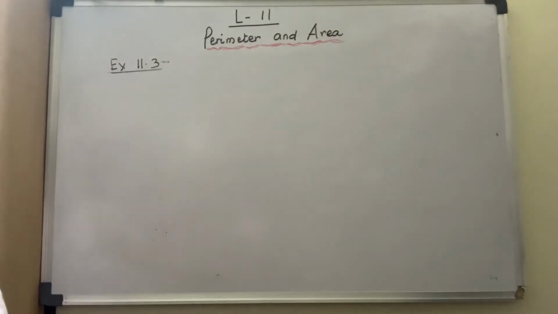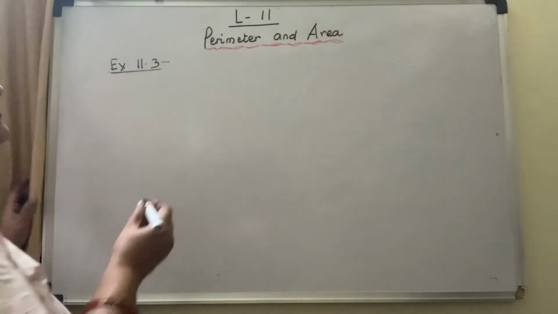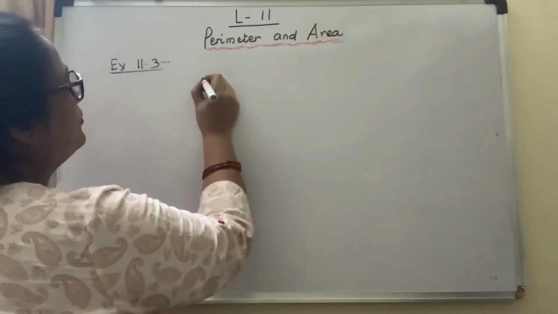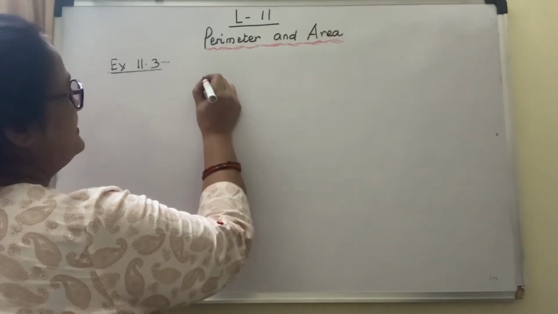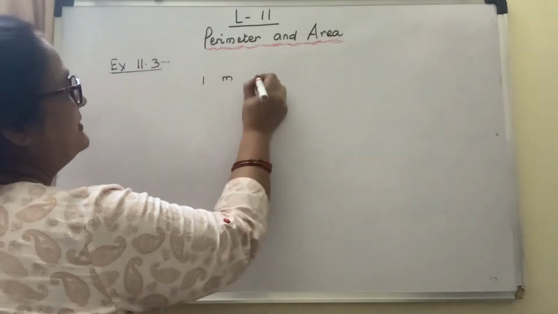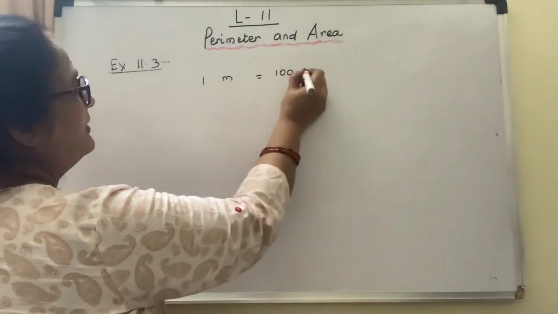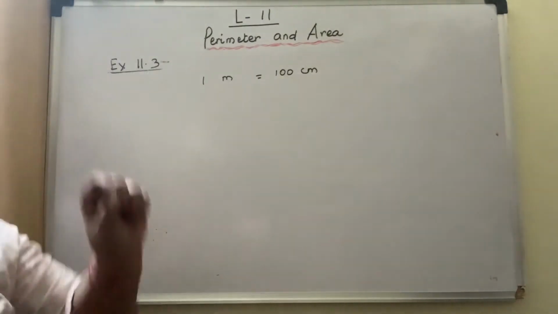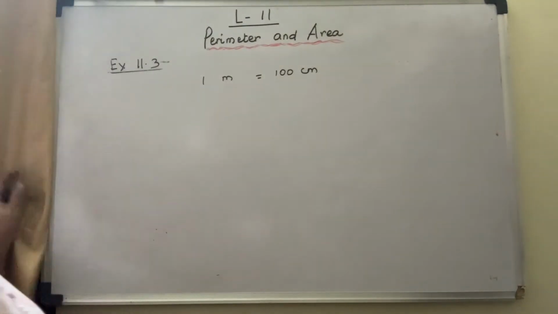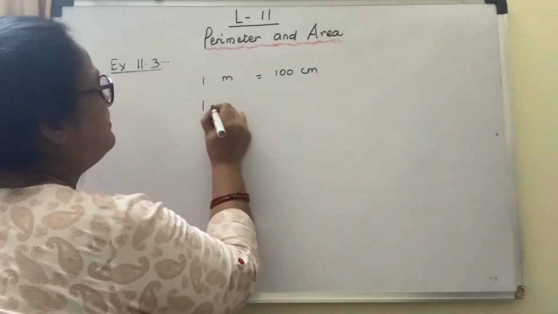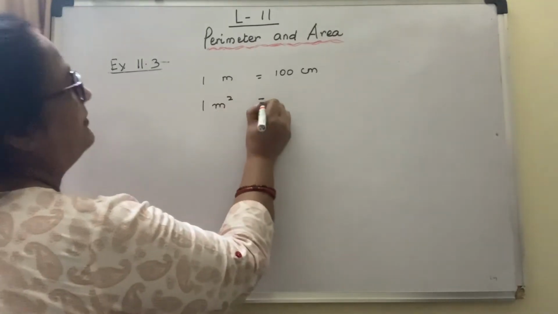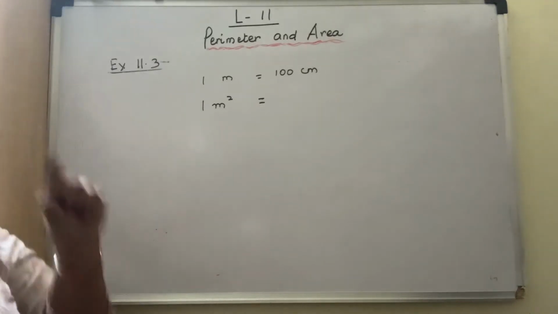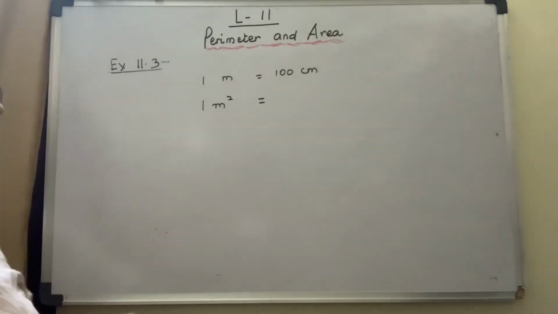Now let me start with simple conversions first. 1 meter is equal to 100 centimeters. This is a simple conversion. Now, area is always given in squares, so we are looking at the conversion of area here.